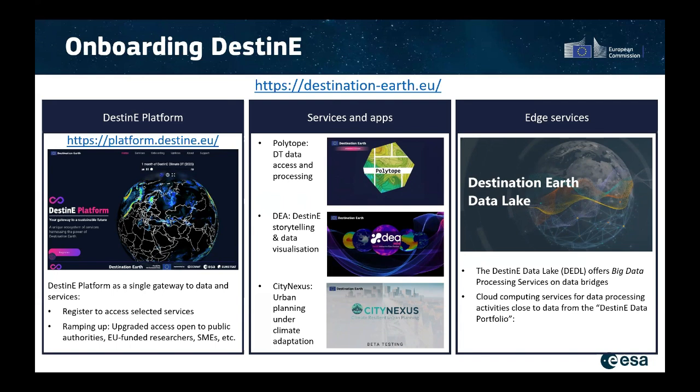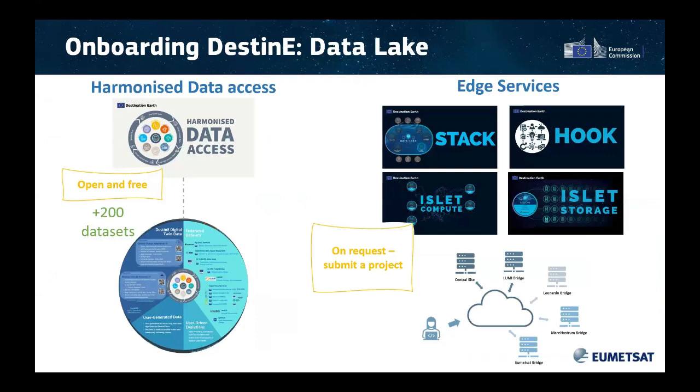There are some applications already to test. We have also the data lake, and this is maybe more interesting. That is access to much data, of course, in a harmonized way, but also by submitting a request for upgraded access, you can also have compute power.